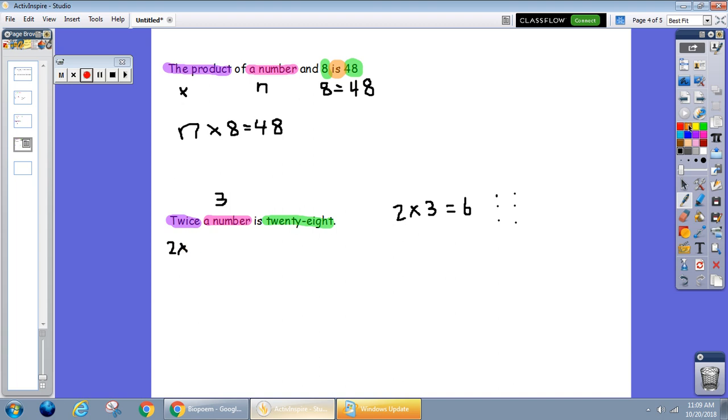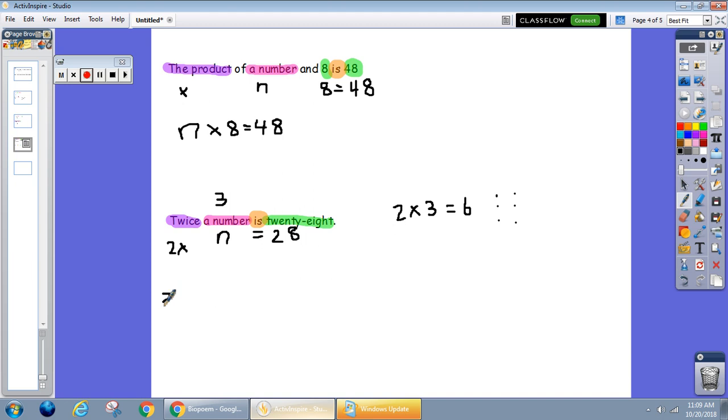And then we got to get out our other handy highlighter because we see the word is. So 2 times some number is 28. All right, so just like we looked at over here, remember you replaced a number with the number 3? Our thing is going to look just like this.